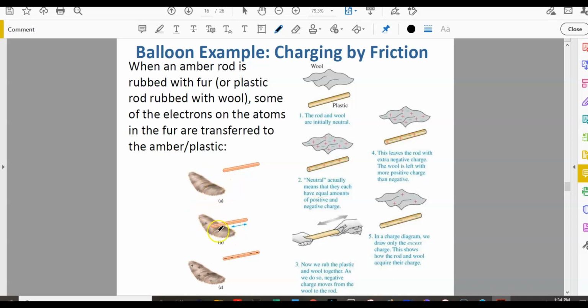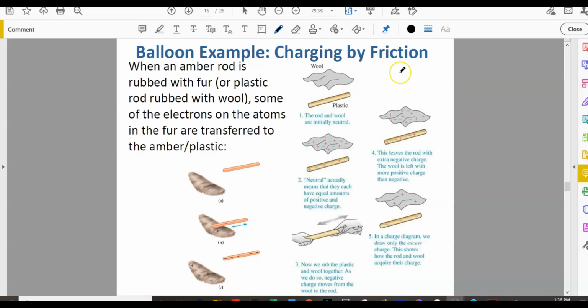And then when you start rubbing this rough object against this smooth amber, what happens is the rough object will give its electrons to the smoother object, okay? And since it's taken 2 electrons from the hair, now the amber's got an extra 2 electrons, and it's taken those electrons from the hair.